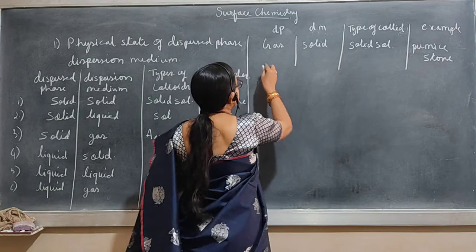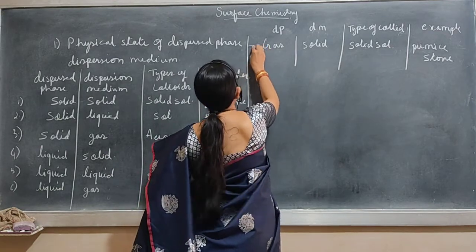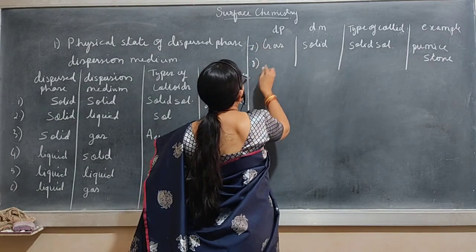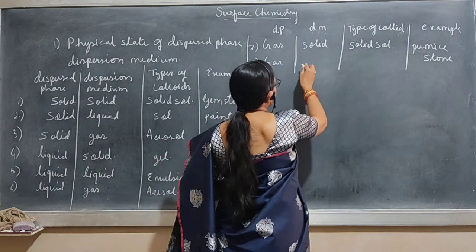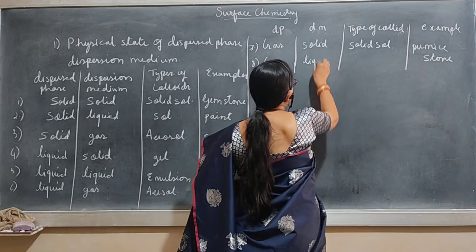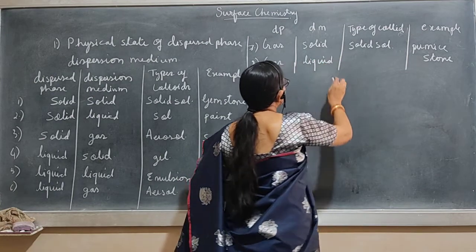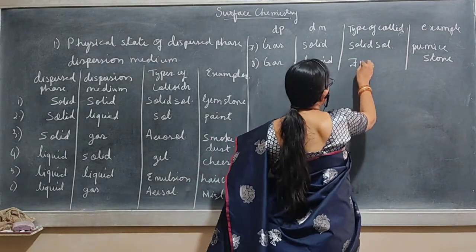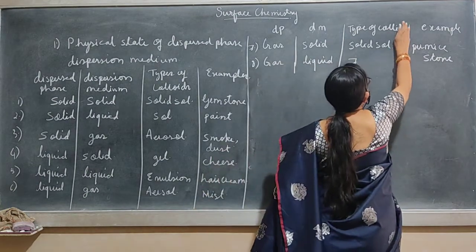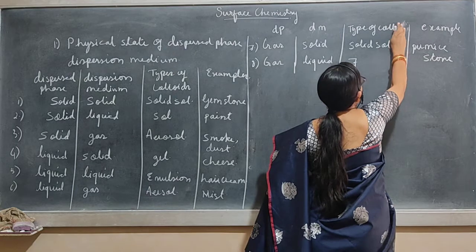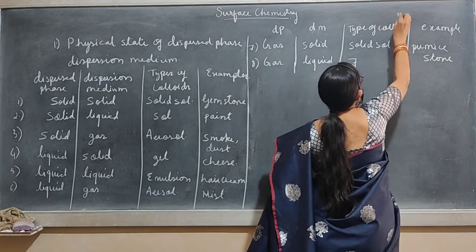Then we shall move to the next. If dispersed phase is gas and dispersion medium is liquid, then it is called foam.